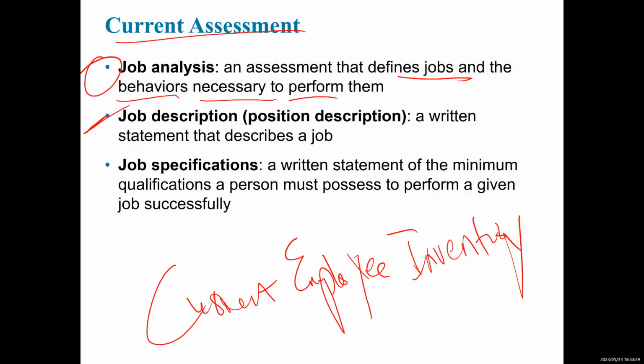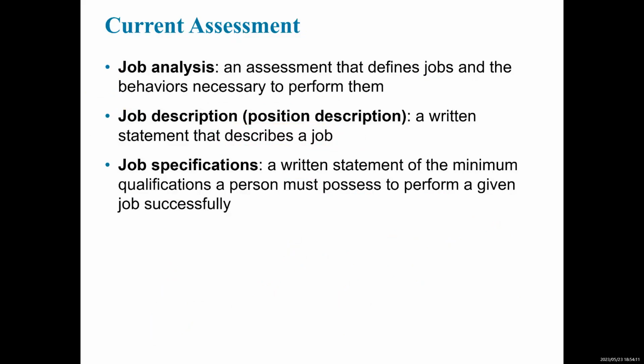And then the JD, or job description, is a written statement that describes the job. The job specification is a written statement of the minimum qualifications a person must possess to perform a given job successfully. So in job analysis, there are two things you need to follow. Number one, JD, which talks about what this job is, what you are supposed to do.